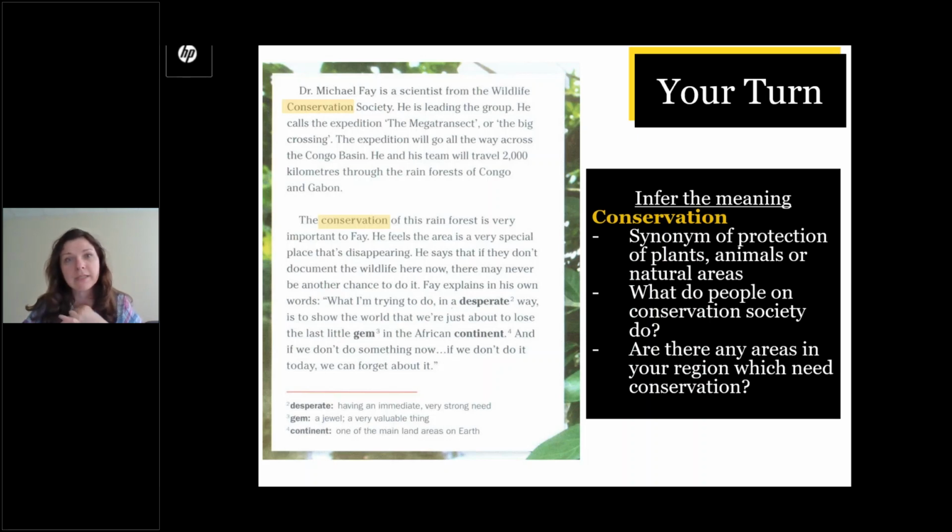Yeah, to protect forests, or maybe to explore the world, to help make other people understand the problem, right? So we need to elicit these answers. Are there any areas in your region which need conservation, right? So we apply their own experience to talk about the new word. So use this idea as well.